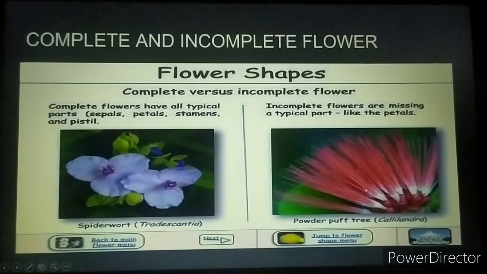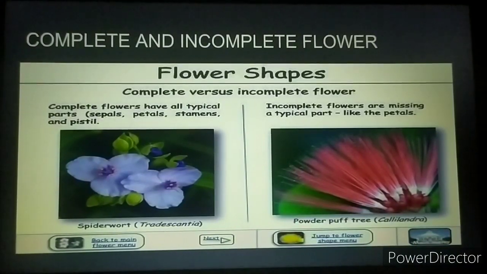So that means one whorl is missing. Such flowers are called incomplete flowers. Examples are seen in papaya and pumpkin. And for complete flowers, we have examples like China rose, mustard, pea, etc.